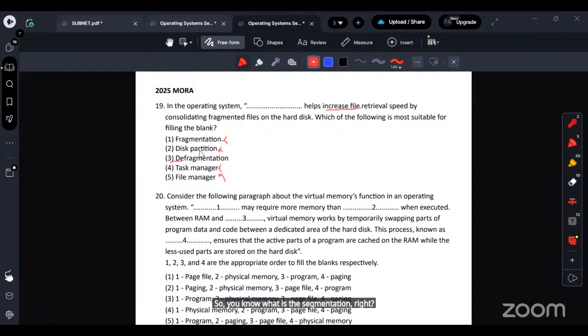It is a maintenance process that reorganizes the data stored on a hard drive to improve system performance. So over time, as files are created, deleted, and modified, they become fragmented, meaning pieces of a single file ended up scattered across different physical locations.